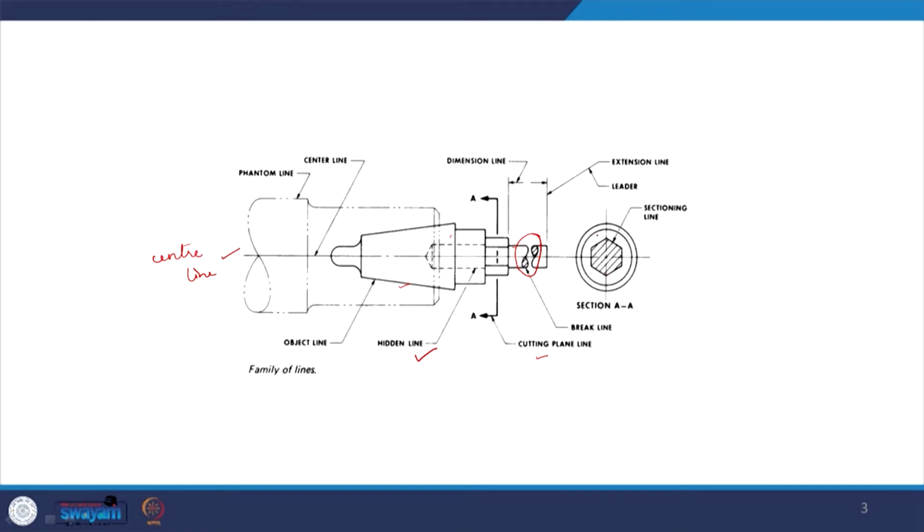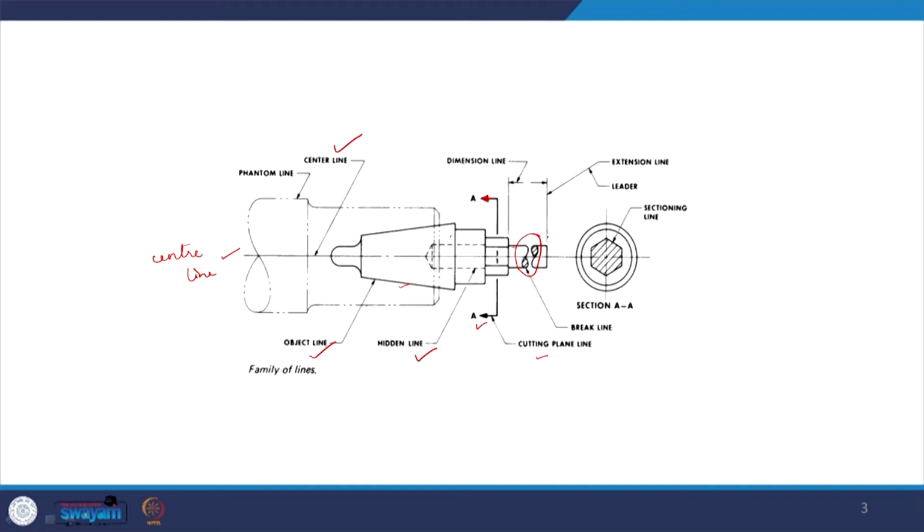Then we have a circle which is marked by this. Then we have another circle which is marked by this. So we are seeing it towards this side, which is what I was telling you. When we draw a cutting plane line, we also have to mark an arrow to show which side we are looking from. This is the center line we have already seen, the object line, the cutting plane line.